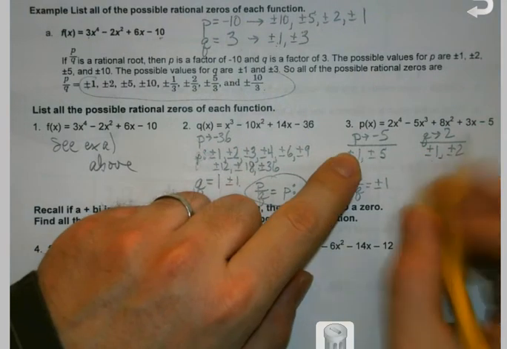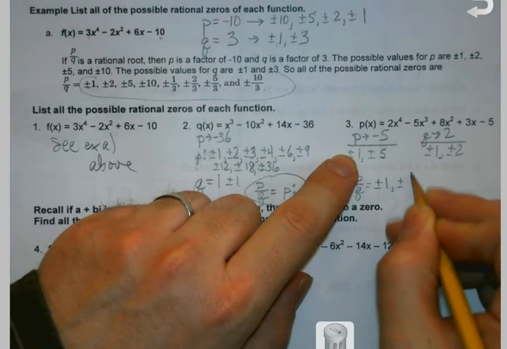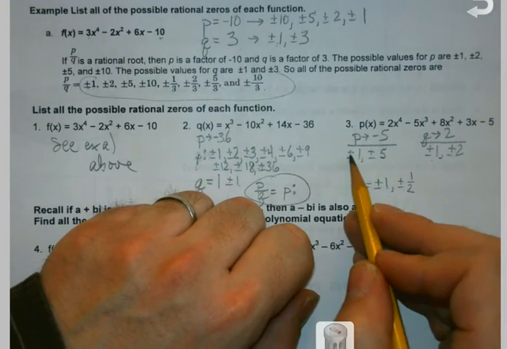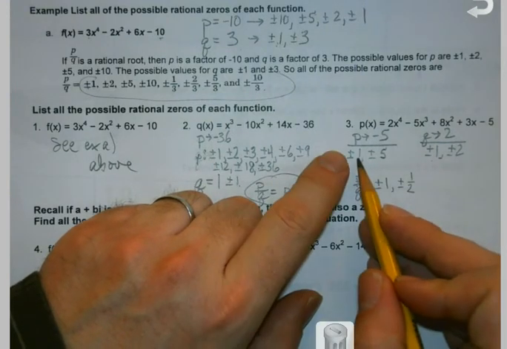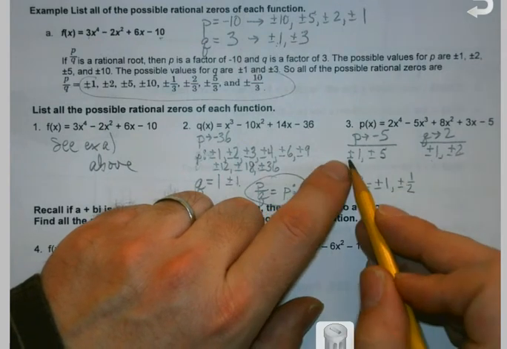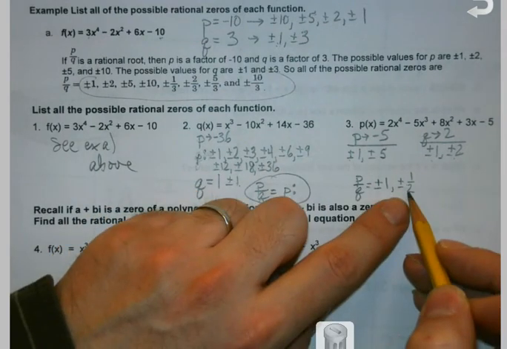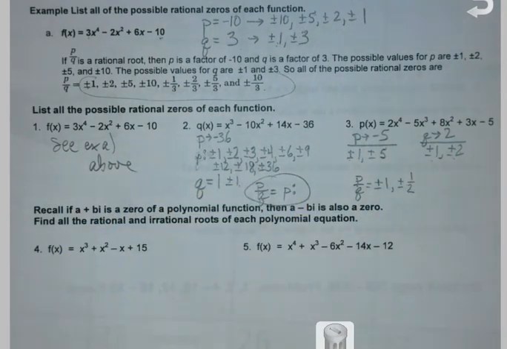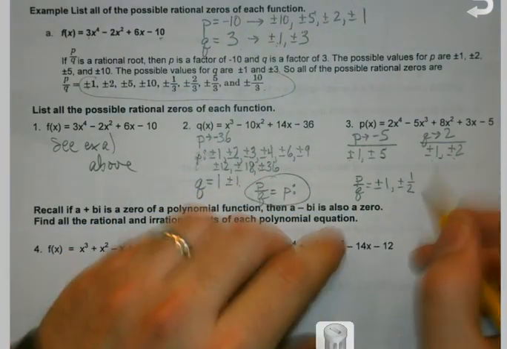But then the 2's would be plus or minus 1/2. But again, I cover everything using those, because if I did positive 1 divided by positive 2, I'd get positive 1/2. If I did both negatives, I'd get positive 1/2. But if I did 1 positive and 1 negative, I'd get the negative. So it's not like I need to write it out 4 times for each of these.